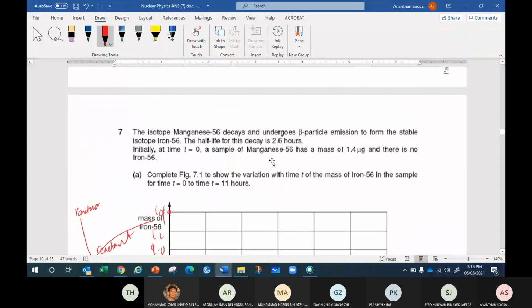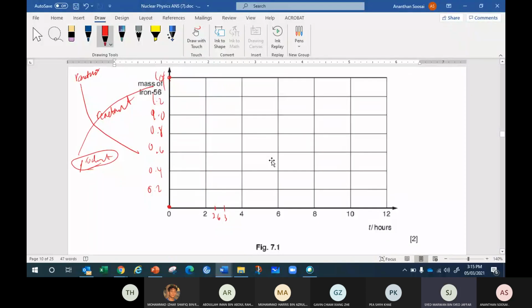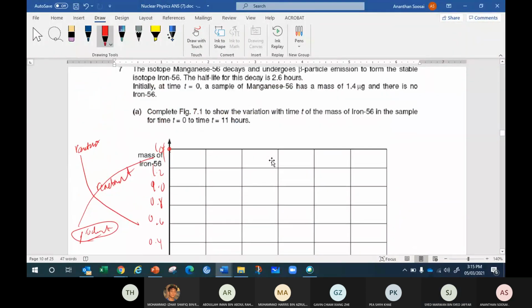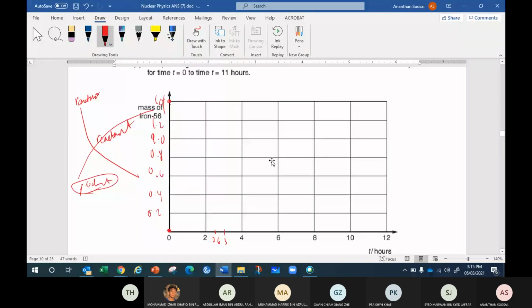Okay, so you can see the question again, right? Yes. So just now we were discussing how to plot the graph. This is a product, so 0 becomes how much?